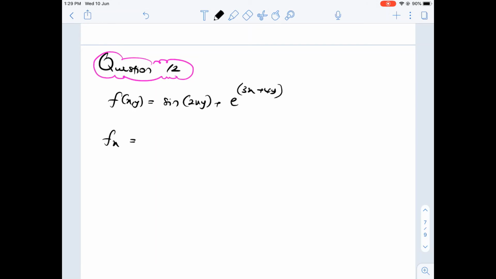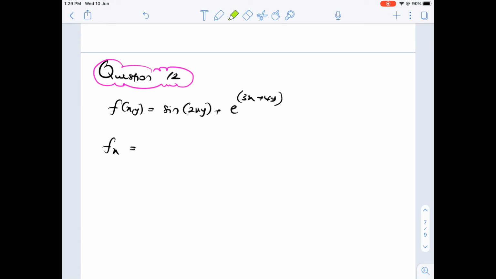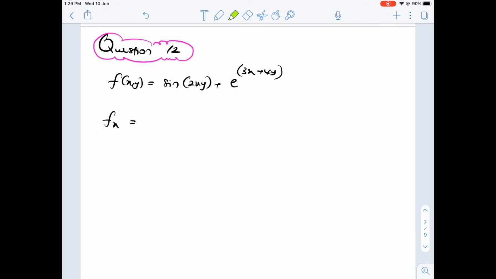So now we should bring these two constants, 2 and y, to the front. So we will have 2y, differentiate sine, we get cos 2xy plus, okay, now since we are differentiating with respect to x, therefore 4y becomes a constant. So we just take 3, the coefficient of x, to the front. So 3 exponent 3x plus 4y.